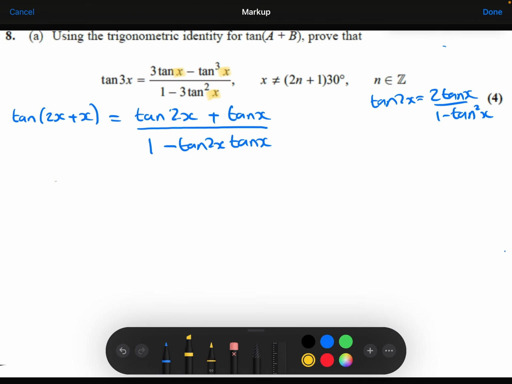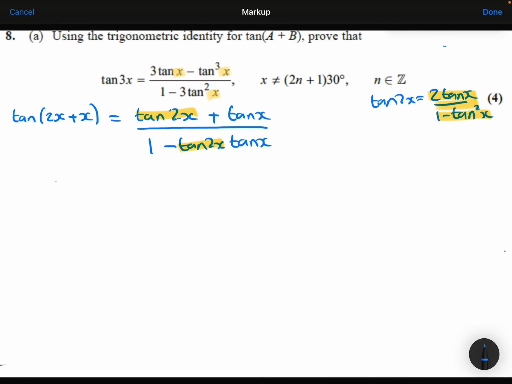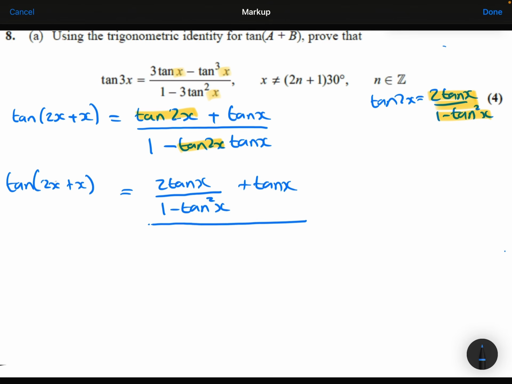That's the tan double angle formula. So I'm going to substitute this in here and here. Now it's going to look a little bit messy to begin with because we're going to have a fraction within a fraction. But that's okay, we'll deal with that in a minute.